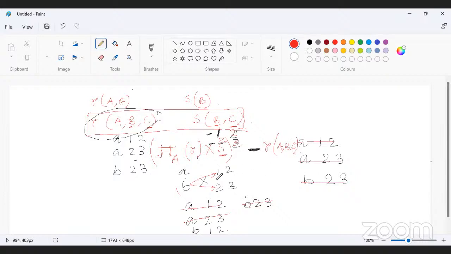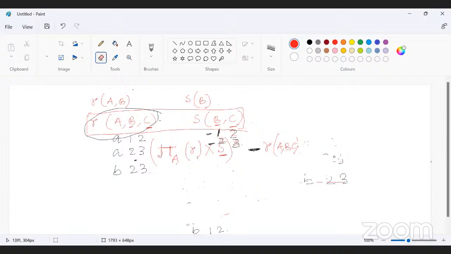B C. So, okay, only one value is there. B12. Okay.